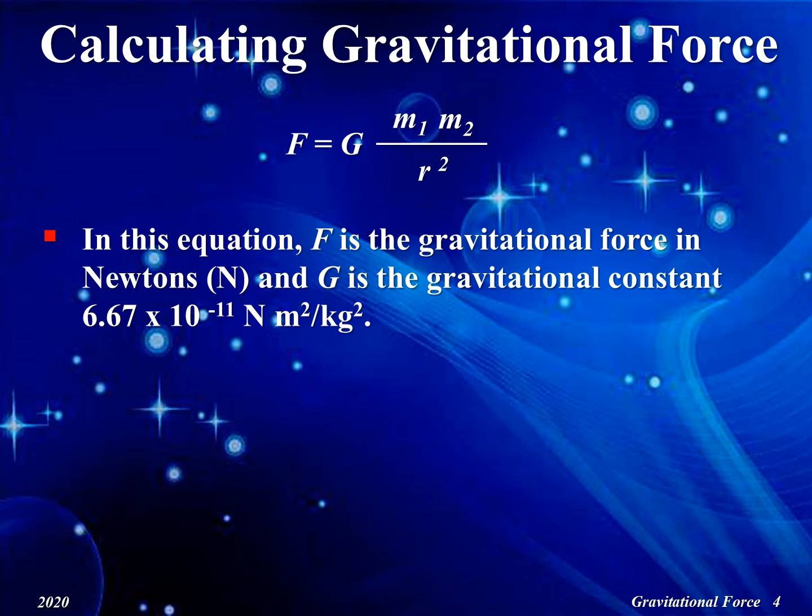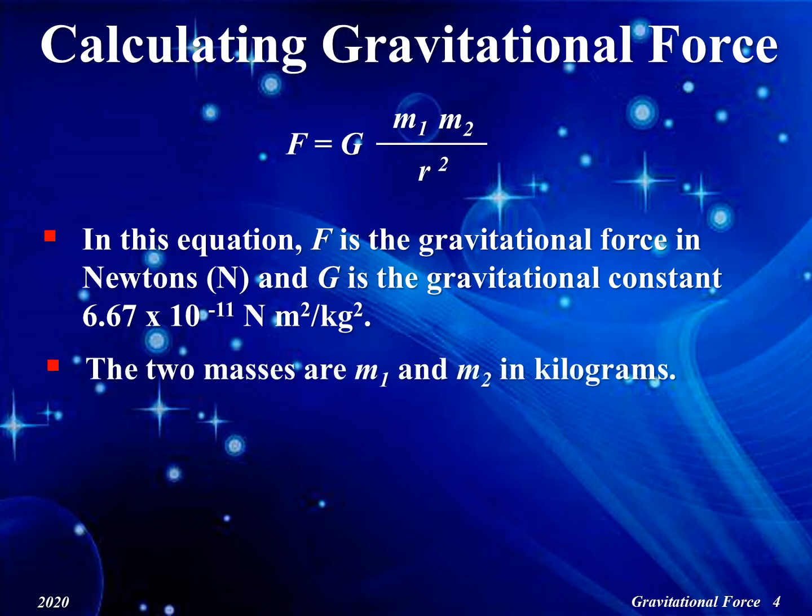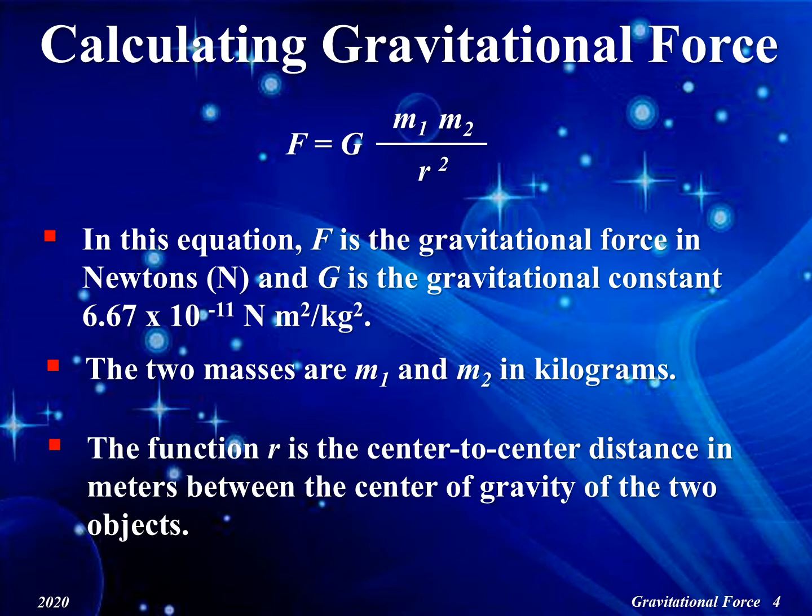This constant is 6.67 times 10 to the minus 11 newtons meters squared divided by kilograms squared. The two masses are m1 and m2 in kilograms. The variable r is the center-to-center distance in meters between the centers of gravity of the two objects.